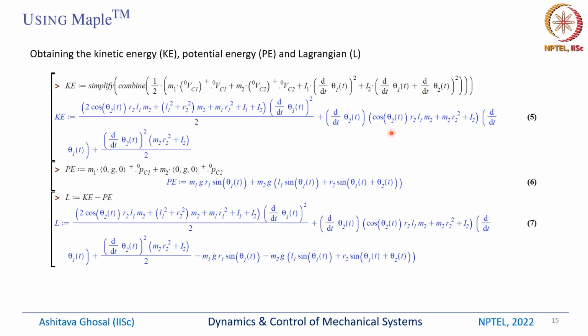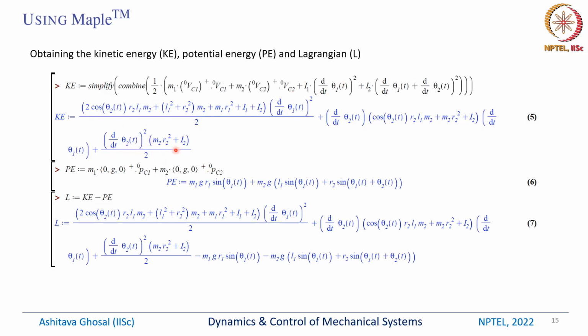Remember, in the kinetic energy there was one term which was a function of theta 2 and the rest were constant. So that is what this term will be. We can also find out the other terms. This is for the second link.